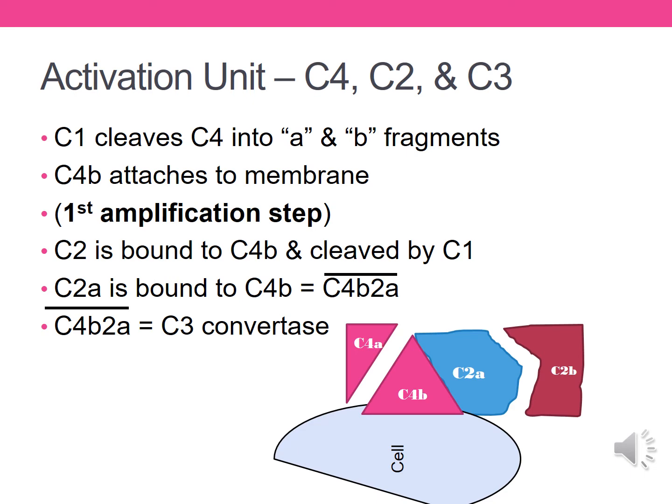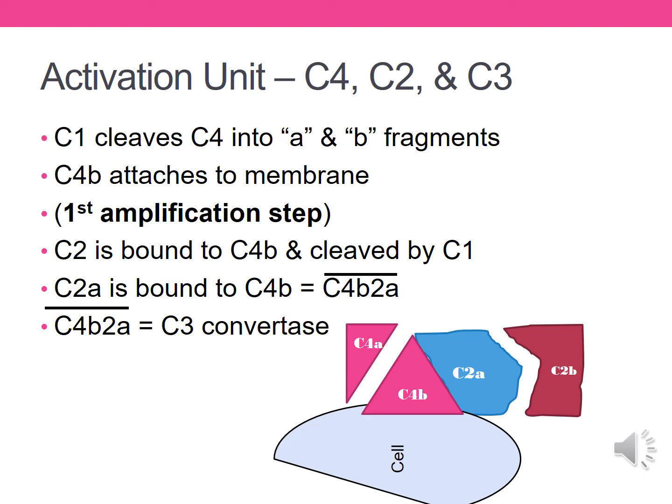C2, however, is the black sheep of the group. So remember that I said that typically A will diffuse away and B will bind. Well, C2 does not adhere to that rule. So C2a will bind to C4b, and C2b will diffuse away.